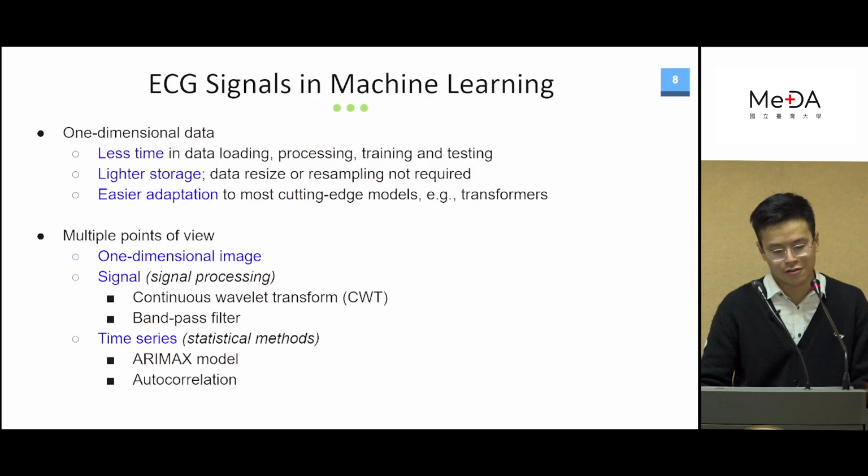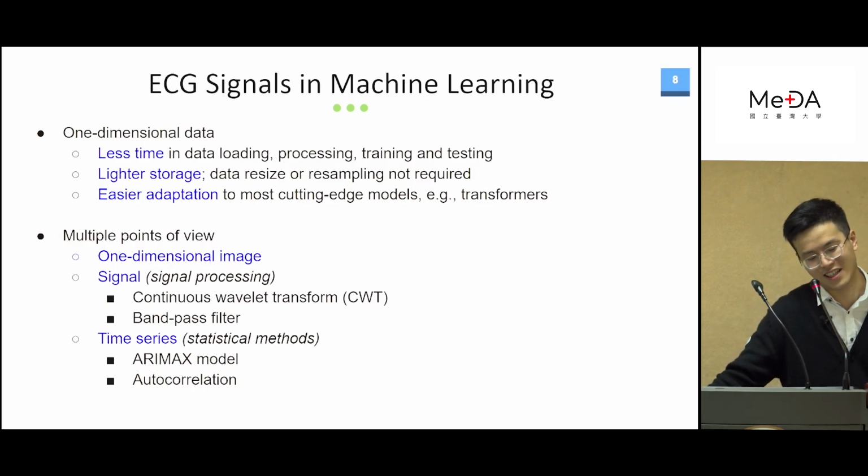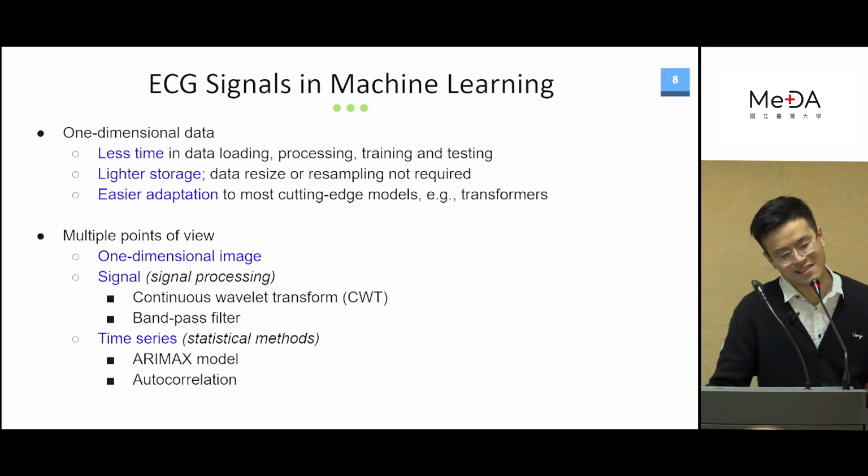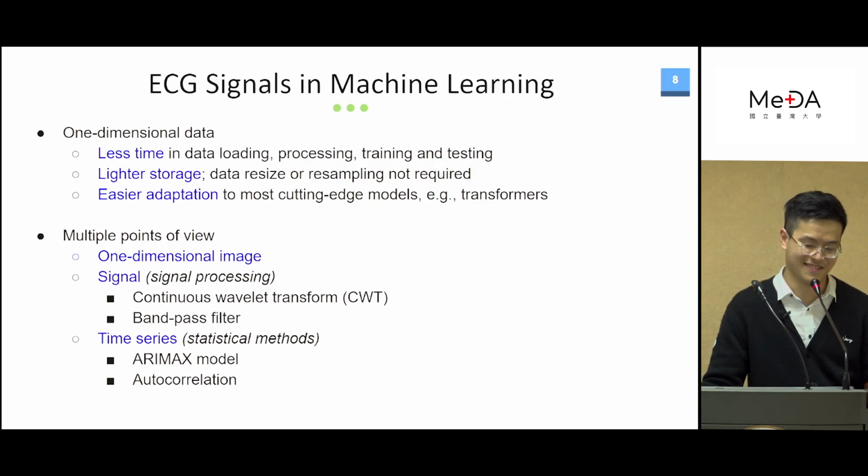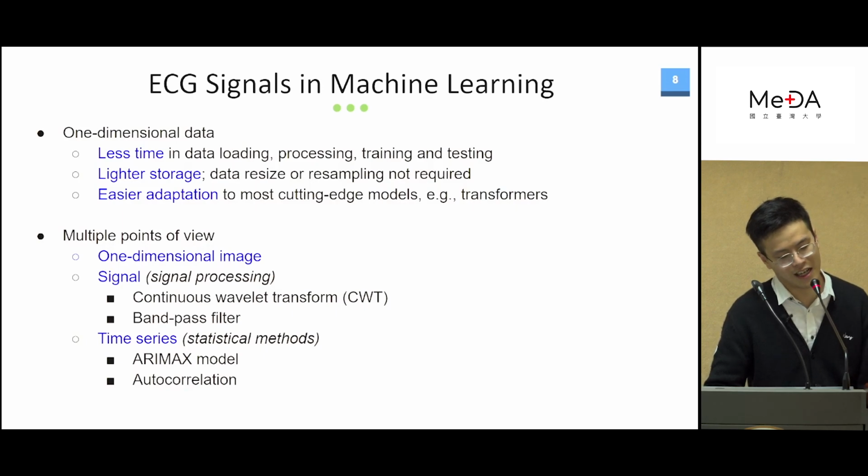It takes less time to load and process, and it's lighter, so you do not really need to do resizing or resampling because it doesn't eat up much memory on your computer. It also adapts more easily to cutting-edge models, like language models, because you can regard a sentence as a kind of signal, I guess.